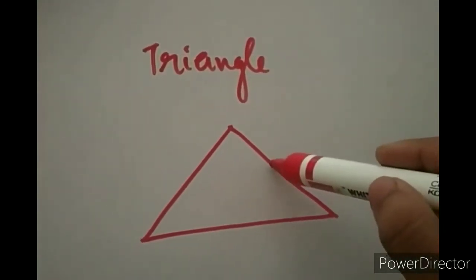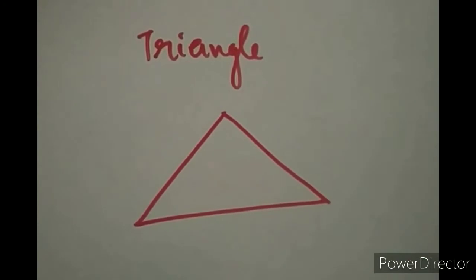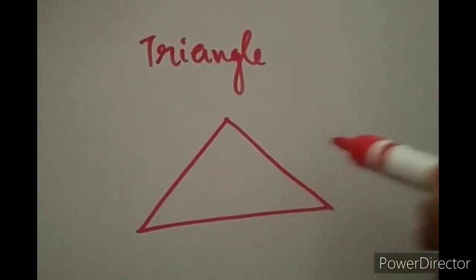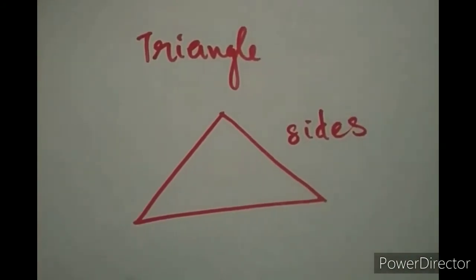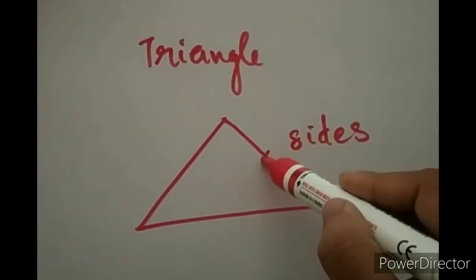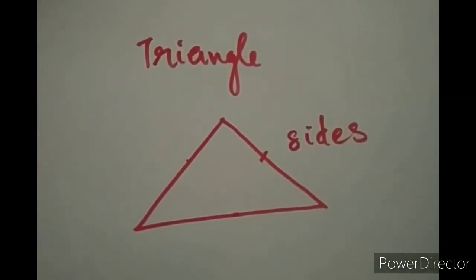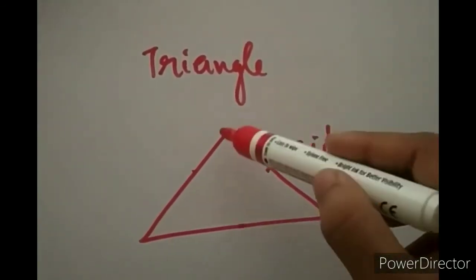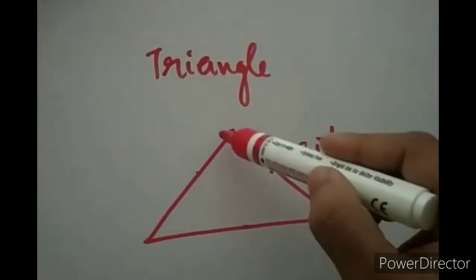And you can see that this figure is formed by 3 line segments, and those line segments are called the sides of the triangle. So it has how many sides? 3 sides. 1, 2 and 3. And you can also see that these line segments meet at some points.